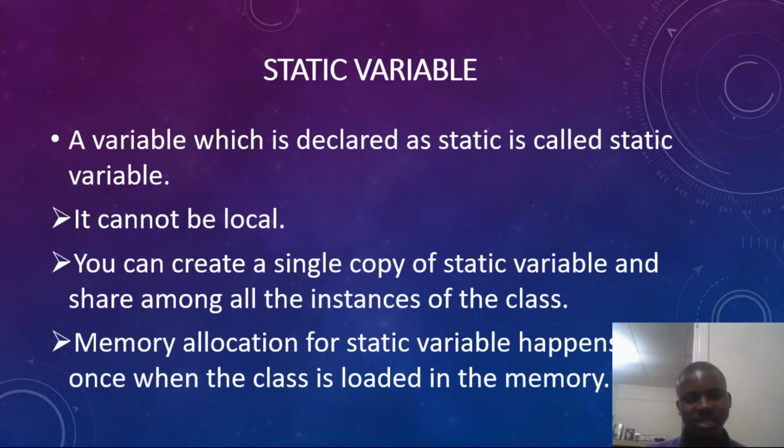Because a static variable is a class type, it can be shared among all the instances holding a common value, rather than the instance variable which will hold a specific value. Memory allocation for static variables happens once when the class is loaded in memory.